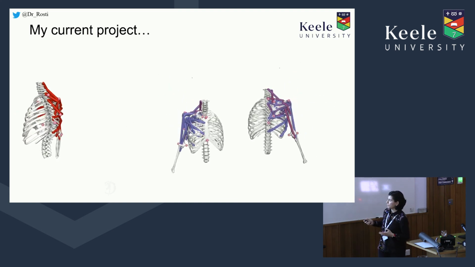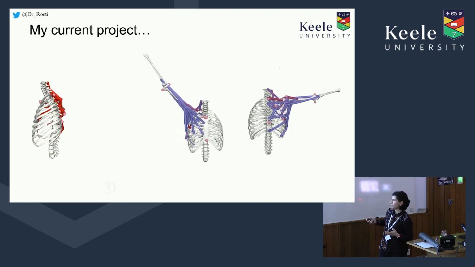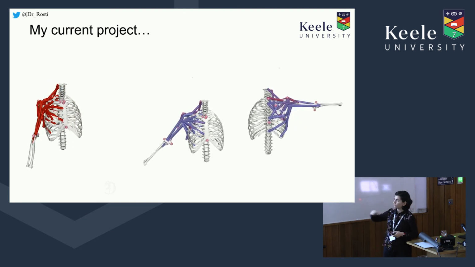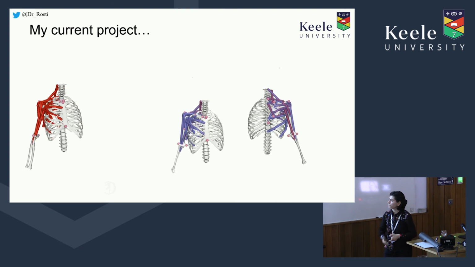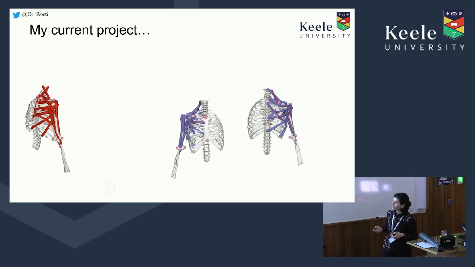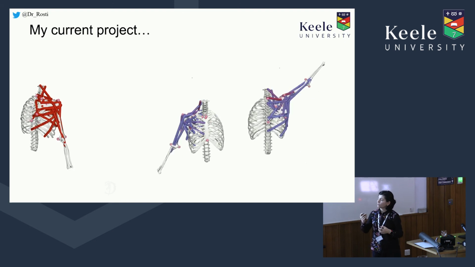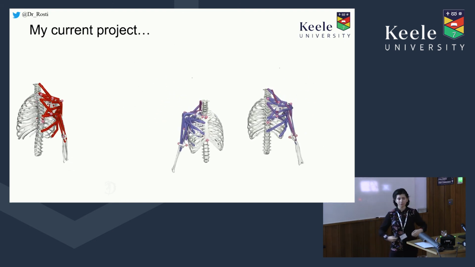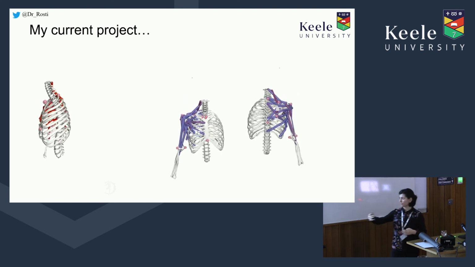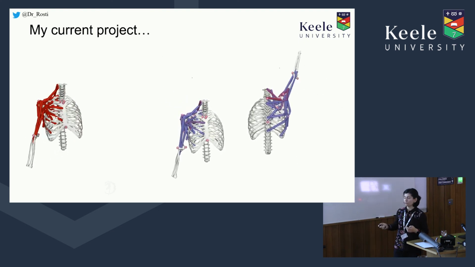So the blue and purple means it's activating, pulling, contracting to create that sort of gesture. And the pink dots here represent markers that we put on people when tracking their movement, and those markers are tracked alongside. That's where we get all these movements from.